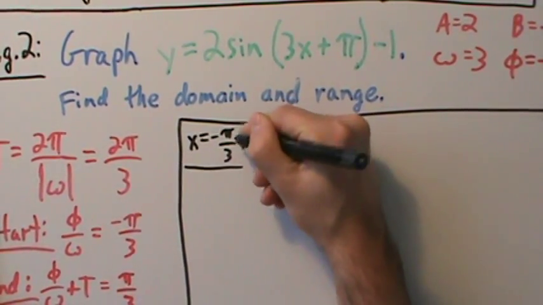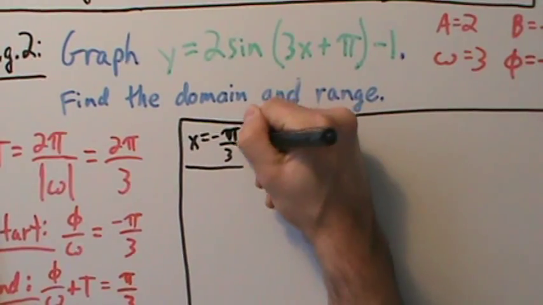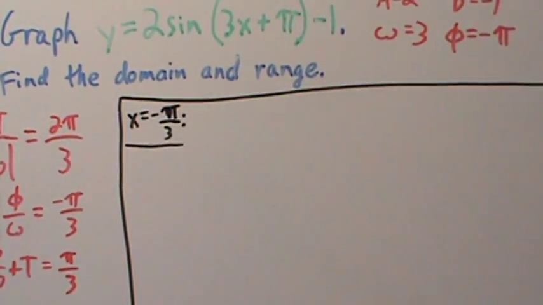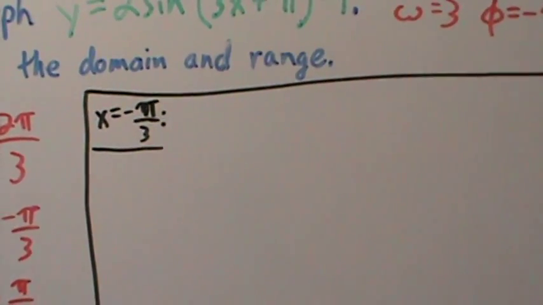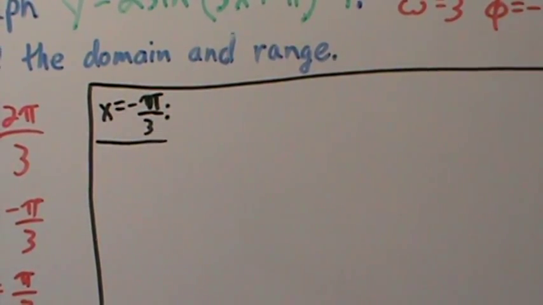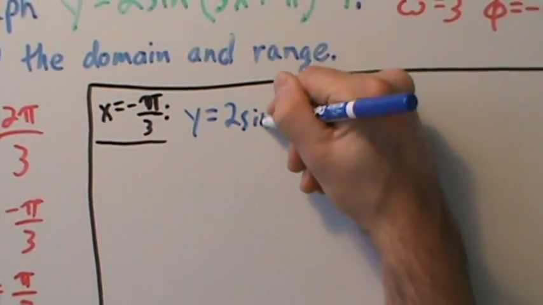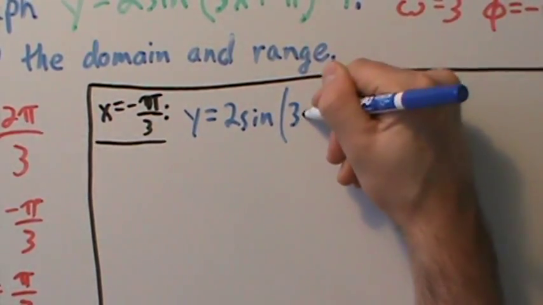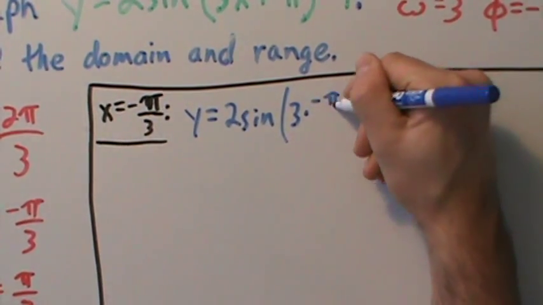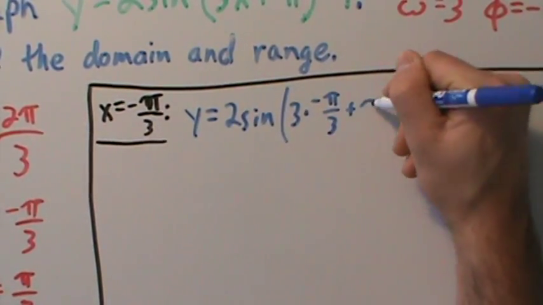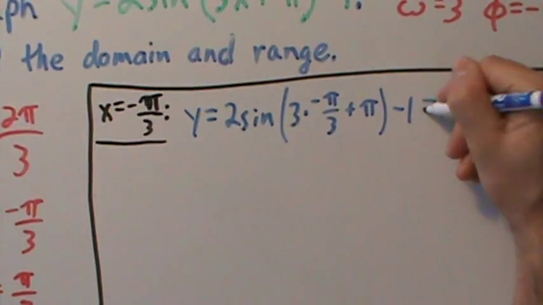Okay, when x is negative pi over 3, what's going on? Let's maybe zoom in a tiny bit. When x is negative pi over 3, y equals 2 times the sine of 3 times negative pi over 3 plus pi, minus 1.